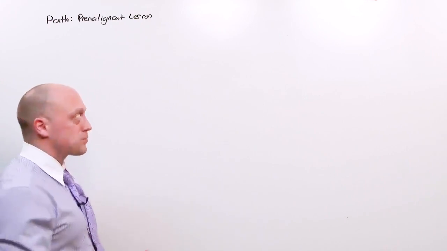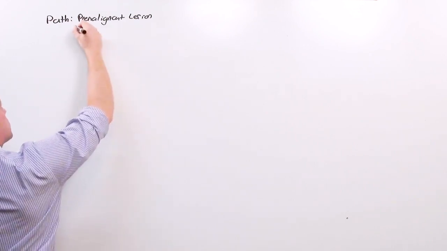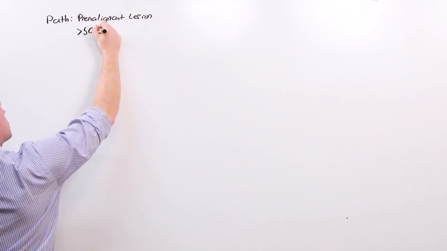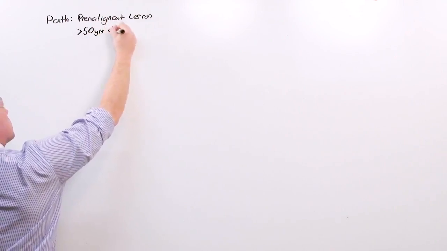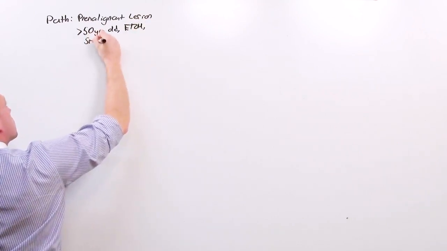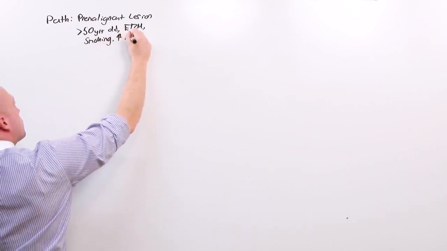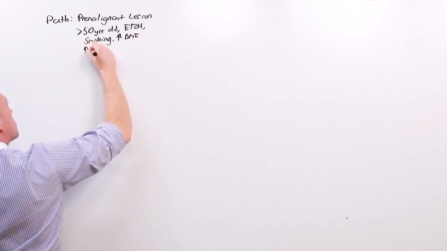And the things that lead to this premalignant lesion are going to be age, generally greater than 50 years old, alcohol, smoking, obesity, and processed red meats.